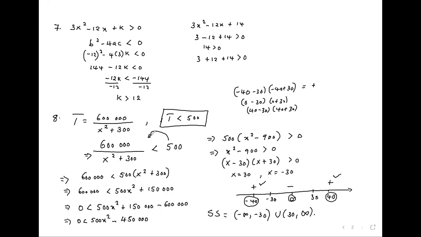What if, when I find those critical values and come up with the number line, I just write the solution set? Is it wrong? You just write the solution set without the table or number line? Yes.